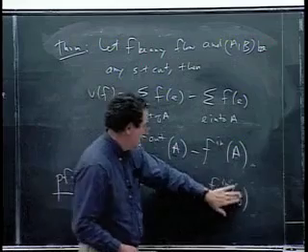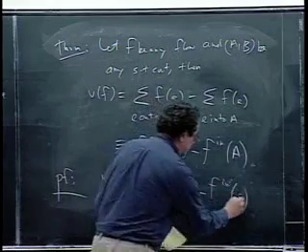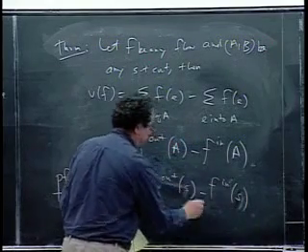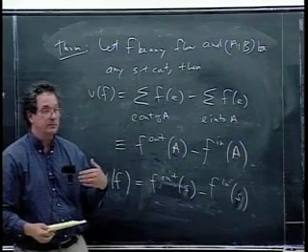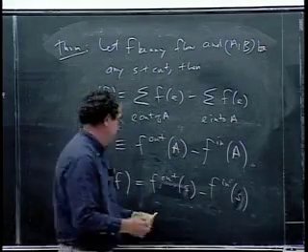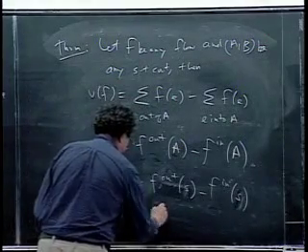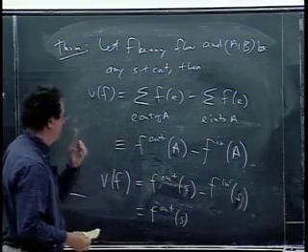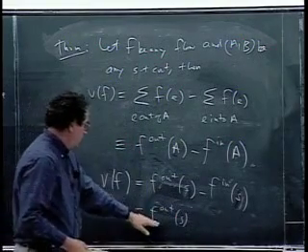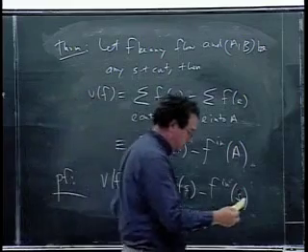This is 0 because there are no edges that go into S. So there's no flow into S, and this is just the flow out of S. Okay. And now I'm going to do something slightly tricky.